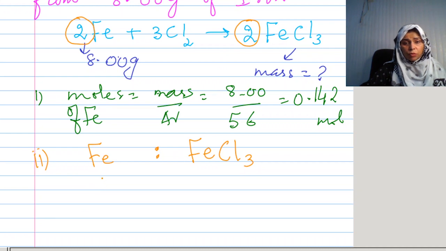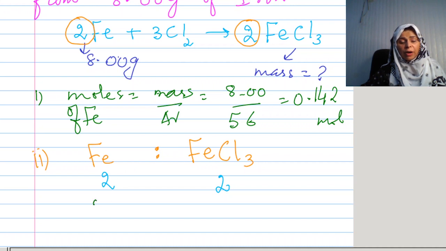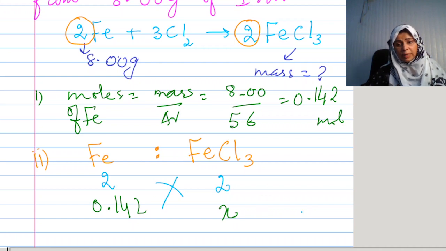Same moles, so we have to put the values here. 2 moles of iron and 2 moles of iron chloride, and our answer is 0.142. So how can we calculate the moles of iron chloride? We will cross multiply, right?